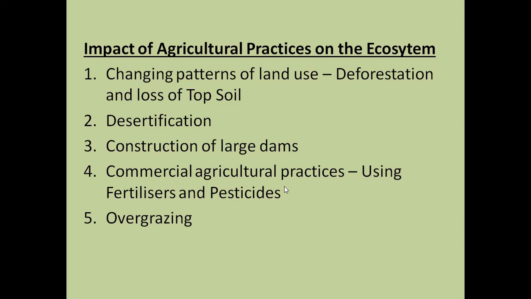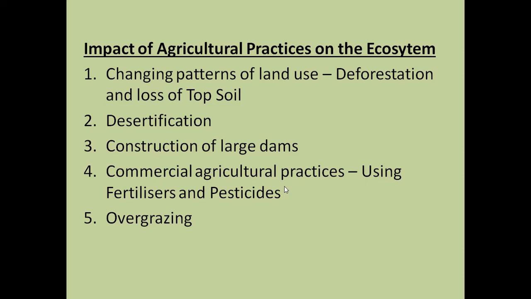Okay. Now, point number four, commercial agricultural practices using fertilizers and pesticides. Yes, fertilizers, pesticides and insecticides save the crops from pests, that is the rats, for example, and from insects.